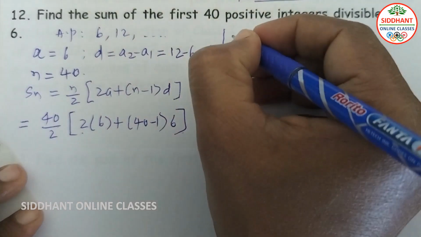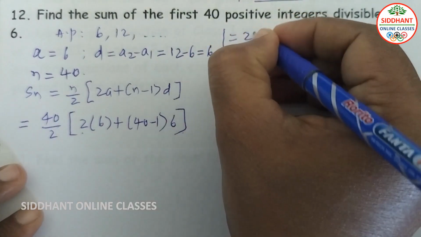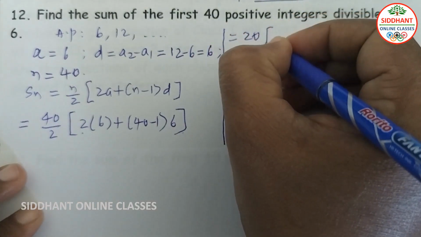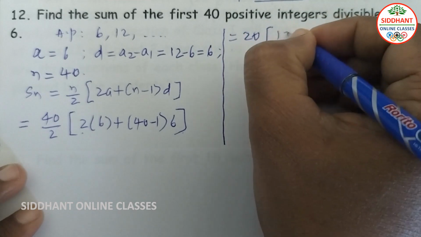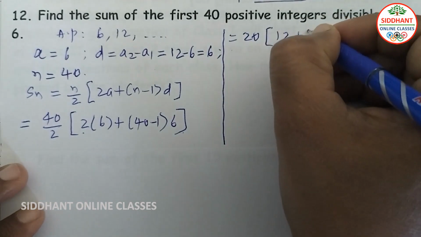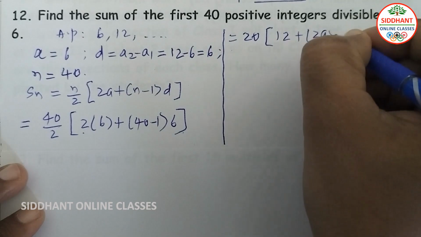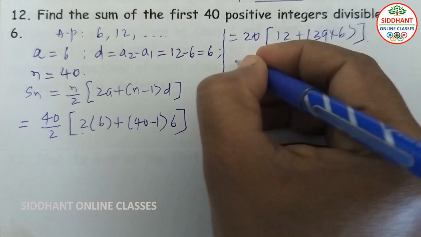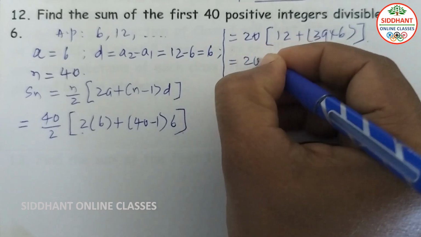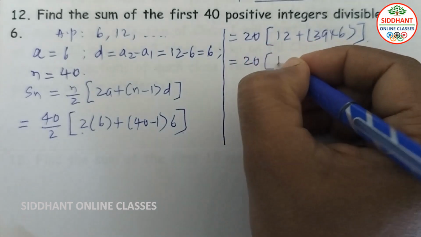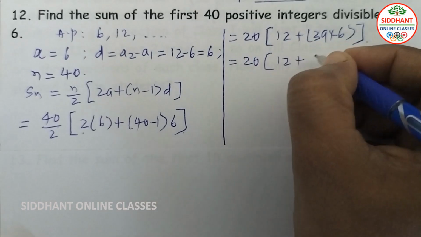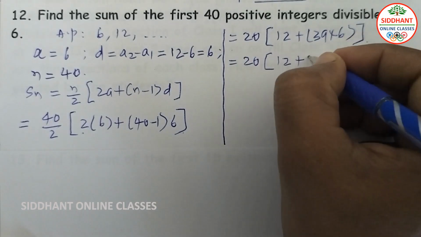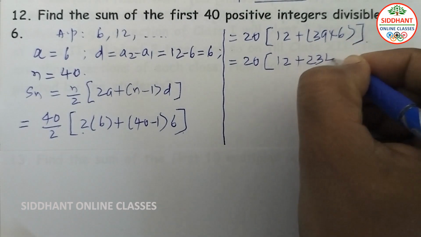So 40 by 2 which is 20, into 6 into 2 is 12 plus 39 into 6, so that equal to 20 into 12 plus 39 into 6 which is 234.